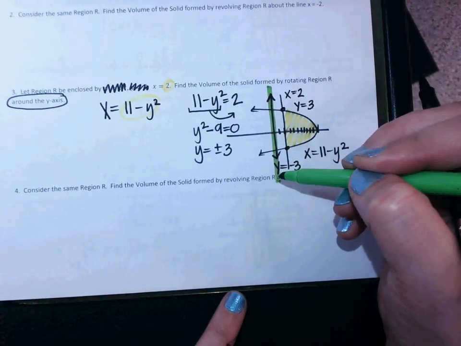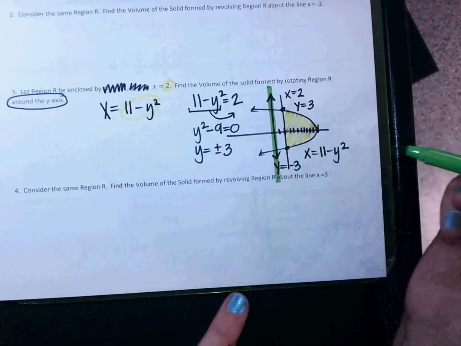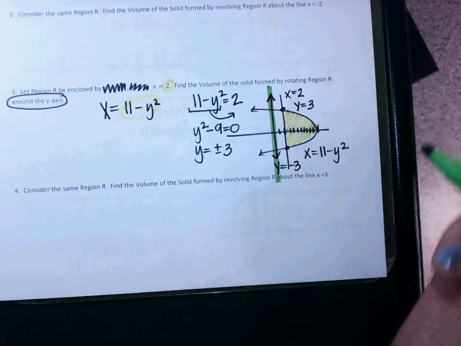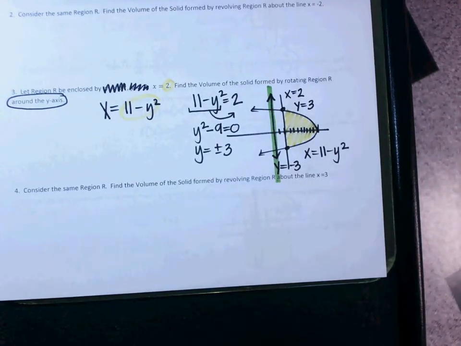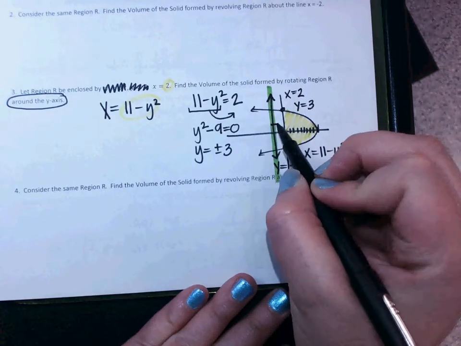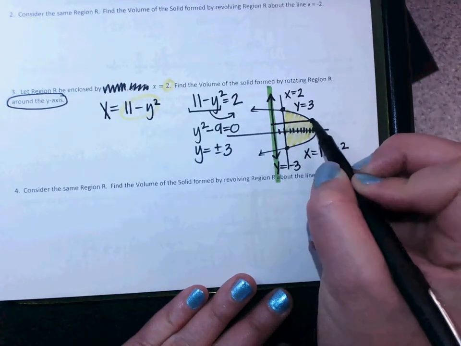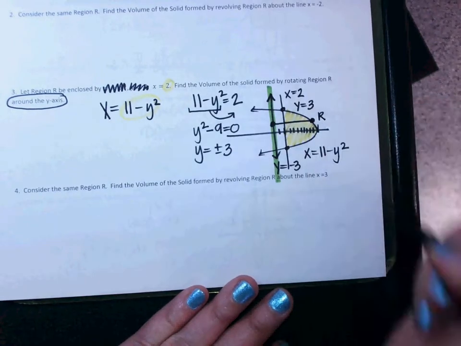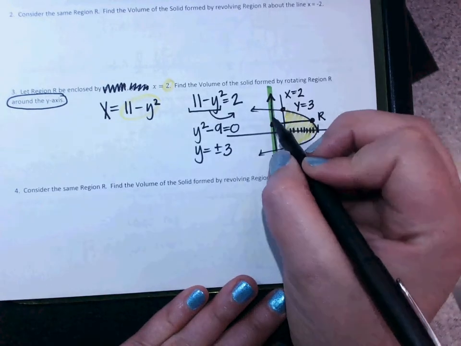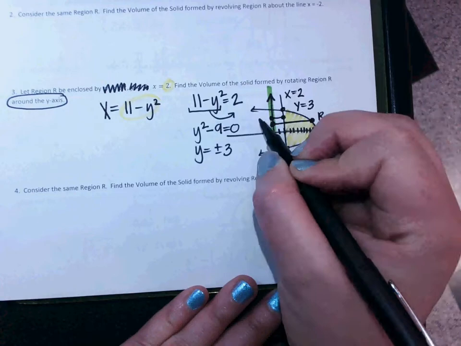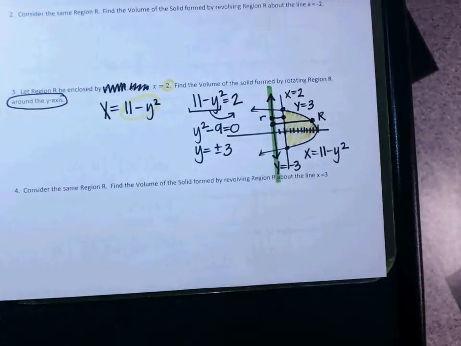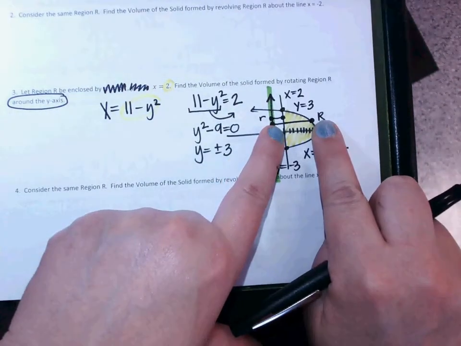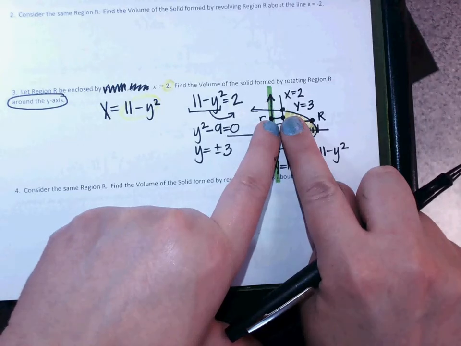No. Okay, so how many r's are you going to have if you're not touching it? 2. You're going to have 1 r from here to here. Is that capital or lowercase r? Capital. And then what about little r? It's going to be from here to here. That's little r. So you have capital R here, little r here.